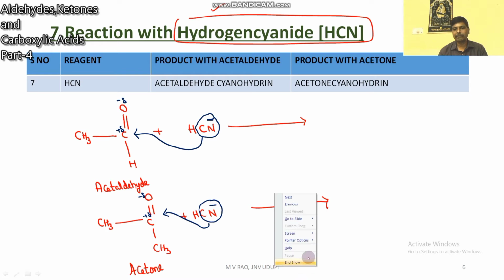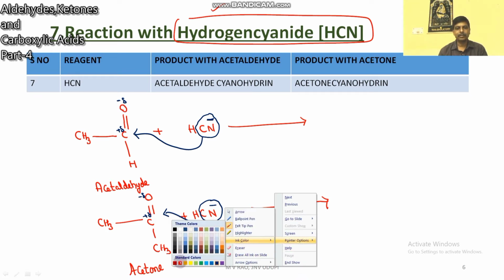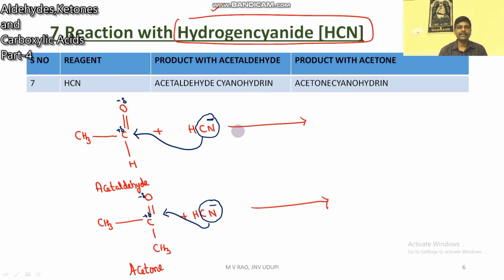Now what is the product? The nucleophile will attack this carbon, then CH3, C, H, CN, O minus. The remaining H plus will go this side, so OH.